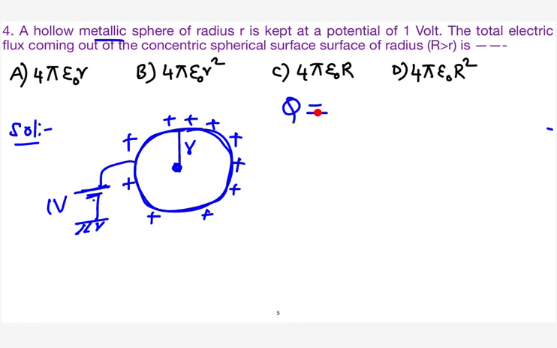Is it V into 4 pi epsilon, or V, what is V? 1 volt, correct. How did you get that equation? We have V equal to Q divided by 4 pi epsilon r. That is actually the V. So I just cross multiply.